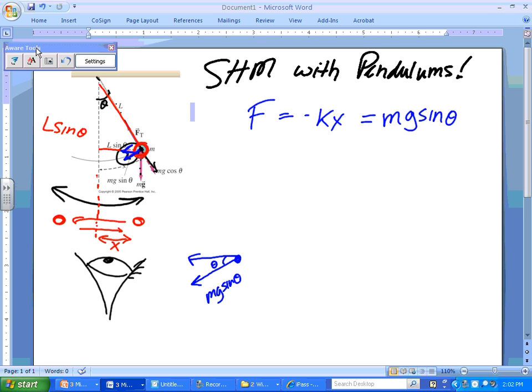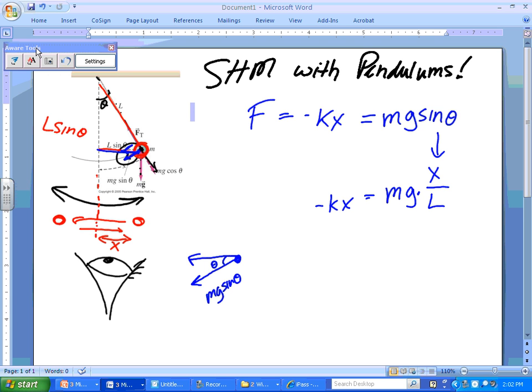And for small theta, we can also approximate this component that we're calling x. I guess this applies to any theta. Sine of theta is opposite over hypotenuse, so that's just x over L. So I could say m times g times x over L is equal to negative kx.